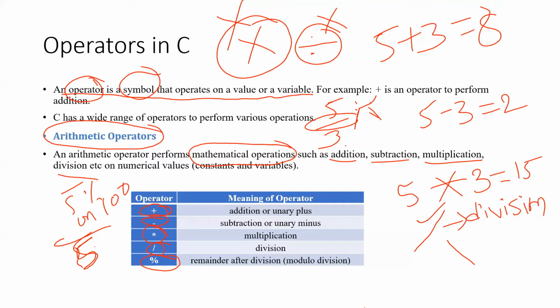But you should keep in mind that if you are applying x modulus y, then x should be greater than or equal to y. Then only it is going to return the remainder. So the modulus operator is used to return the remainder, but it should satisfy the condition that x is greater than or equal to y. If it doesn't satisfy, then the result will be x. Okay, so that is about arithmetic operators.